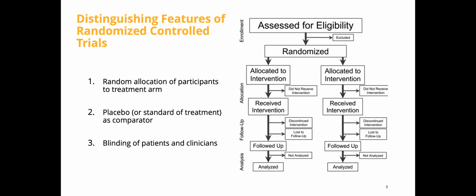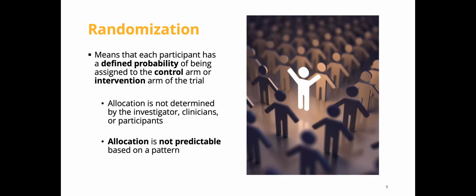And then the third distinguishing feature of a randomized controlled trial includes blinding patients and clinicians. This is really important because we don't want the patients or the clinicians to know whether a particular patient is in the intervention group or the control group. So blinding is another really important feature of an RCT. So we're going to go into each of these features separately.